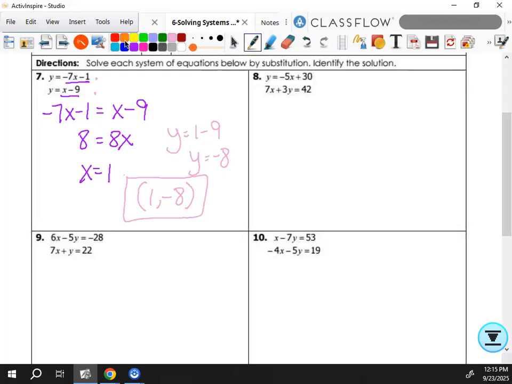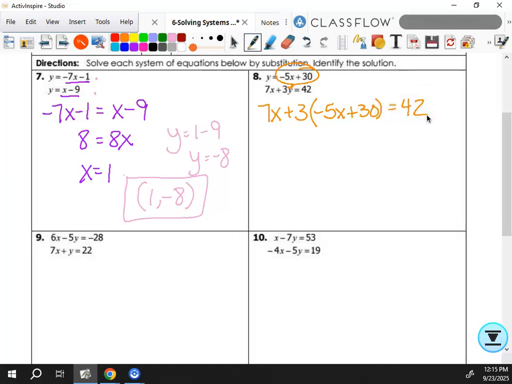All right. If we look at number 8, the first equation is already isolated for y, so I might as well just use that one. I'm going to take this and substitute it in everywhere I see a y. Your first step should be 0 work, just substitute it in. So this is 3 times negative 5x plus 30, and that equals 42.